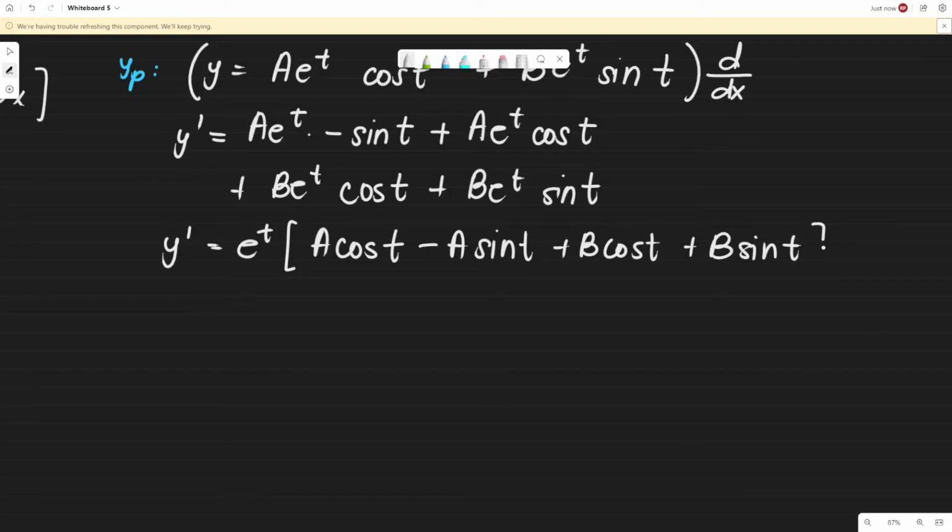Ganito na lang, para at least mas madali natin makuha yung second derivative.